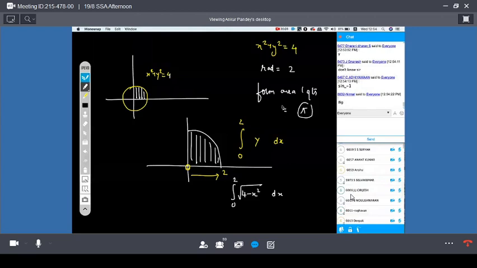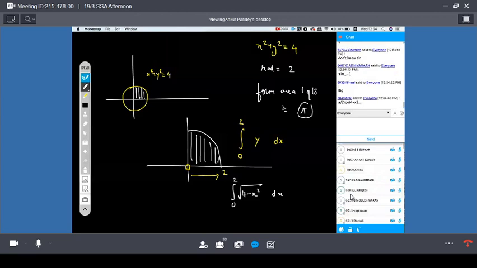It is something big. It is a by root of 4 minus x square form. Sin inverse x will also come, right? Anyway, I know you know all that. So I'll write it. Don't worry. Okay?